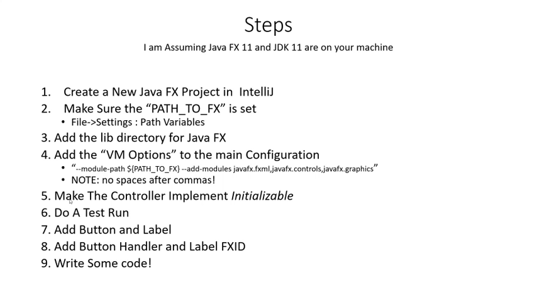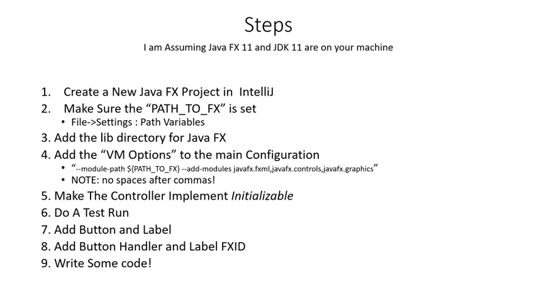Then we're going to make the controller implement Initializable. This is important because JavaFX will only call the controller's initialize method if we have, in fact, stated that it's implementing the Initializable interface, and the interface only has initialize in it. Then we're going to do a test run to make sure that it at least compiles and runs.